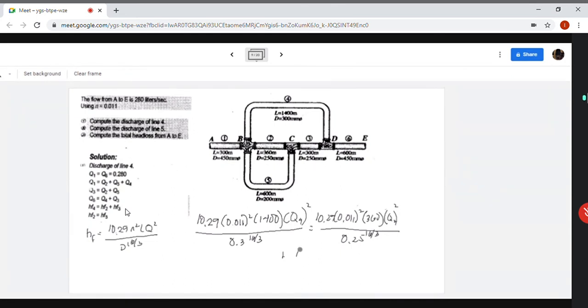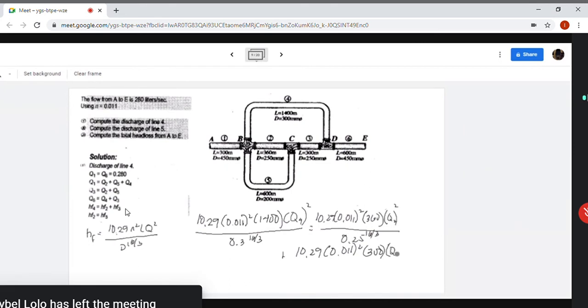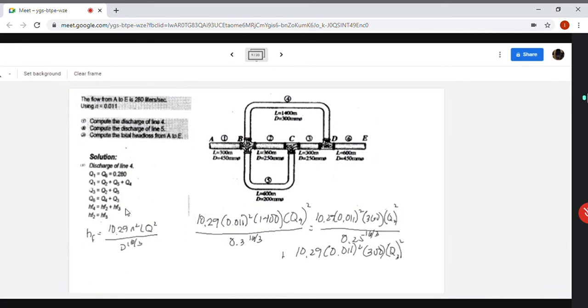this, so 10.29 times 0.011 squared times 360. Okay, so they are the same. So 0.25 Q3 squared over 0.25 to the 16 over 3. And we have to use this equation first.